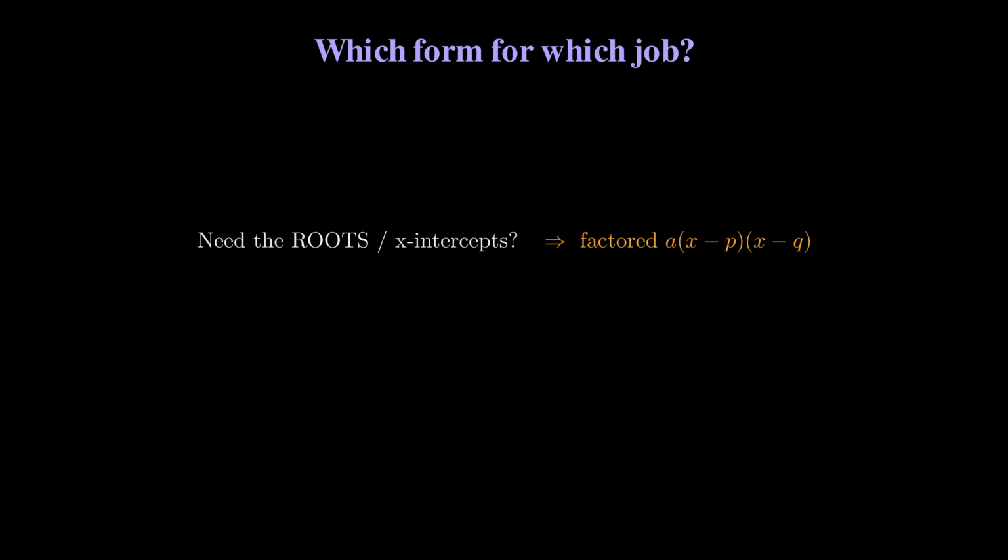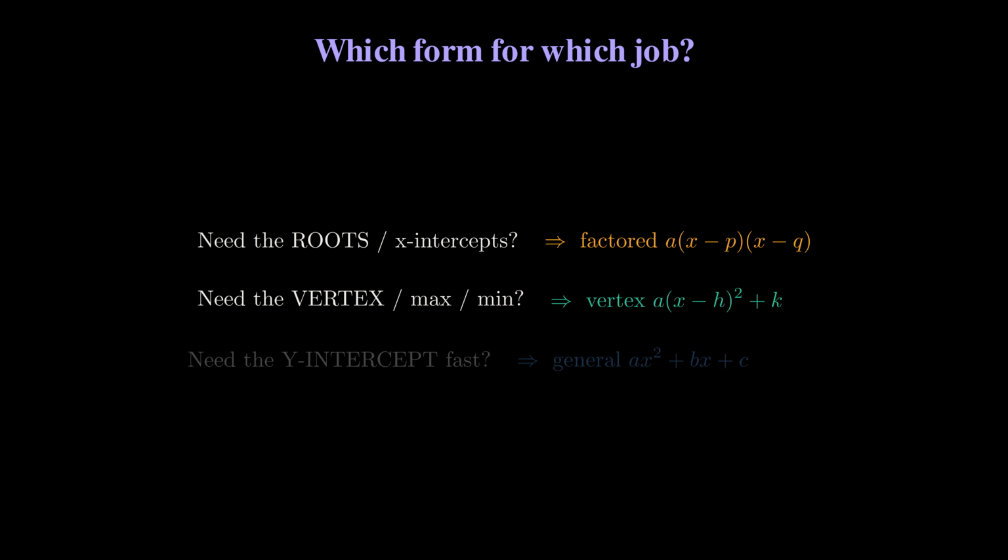If it asks for the vertex, the turning point, or a maximum or minimum value, get it into vertex form. That's (h, k) on a plate. And if you just want the y-intercept, the general form already gives it. It's c. Match the form to the job, and half the work disappears before you even start.